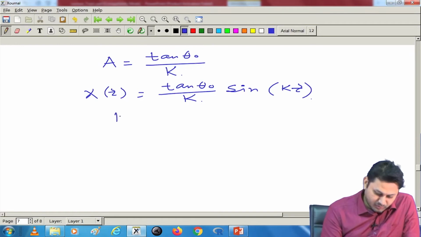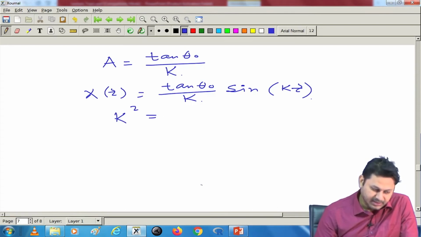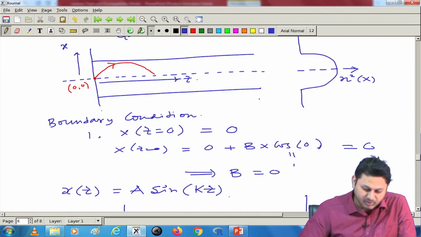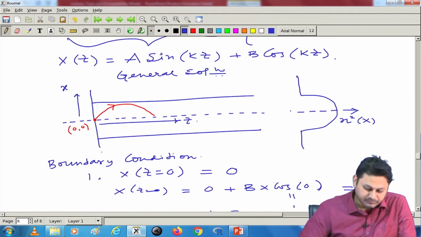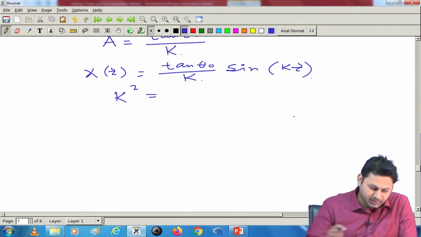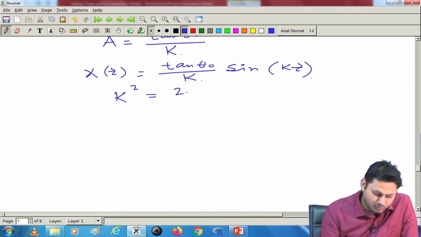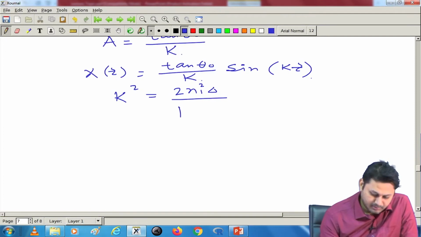By the way, the k value I should also write. So, k square is what I calculated here. Let me go back to the value: it is 2 n 1 square delta divided by beta tilde square a square.